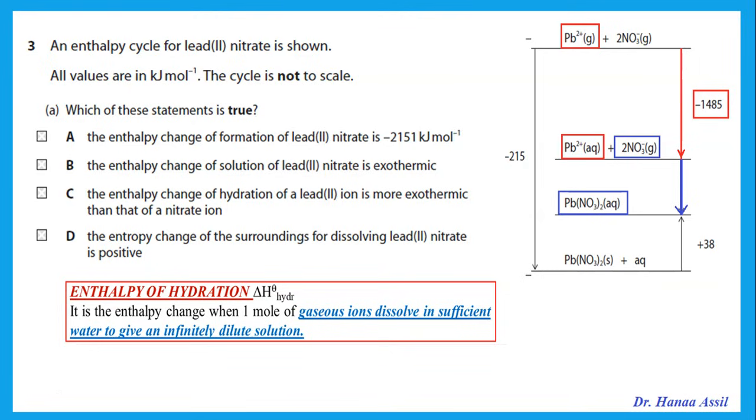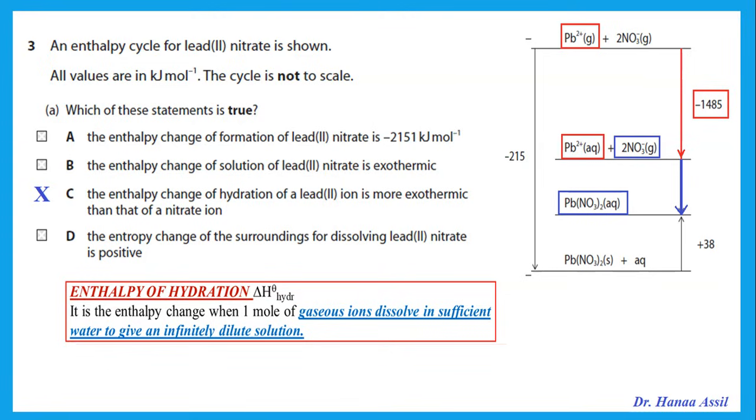So he's saying the enthalpy change of hydration of a lead ion, according to the cycle minus 1485, is more exothermic than that of a nitrate. Well, the 2 nitrates give out less energy than the lead 2 plus alone, so this actually is the correct statement.